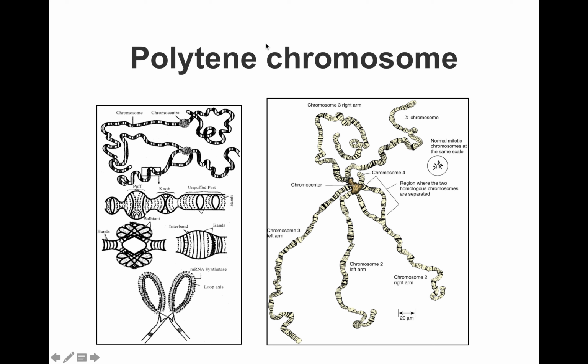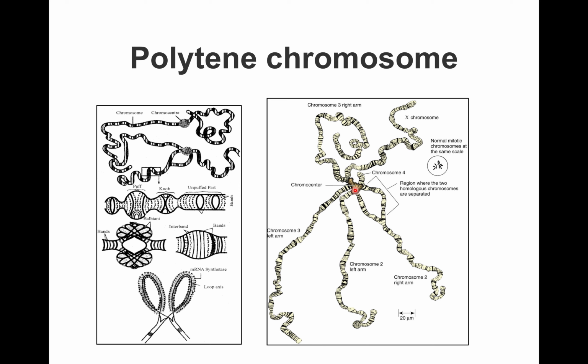So polytene chromosomes consist of a large number of partially replicated chromosomes closely stuck together in a lateral array. In Drosophila, the heterochromatinized centromere, here this is a centromere and here you can also see a centromere.